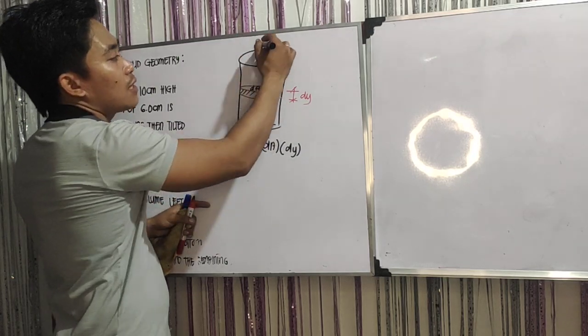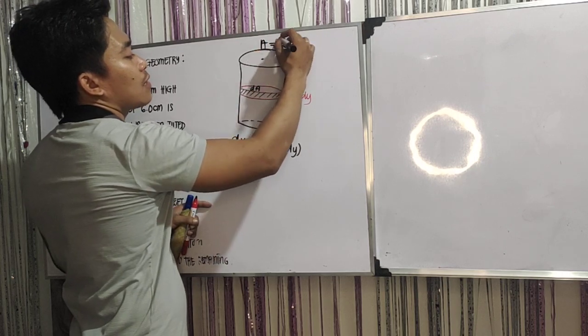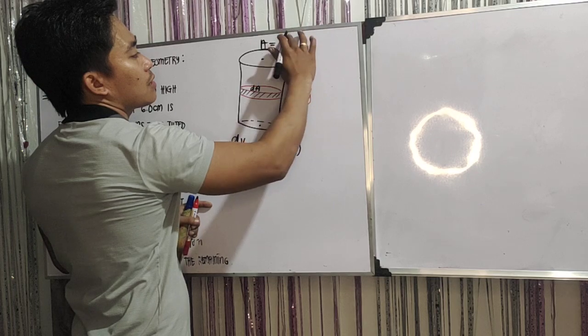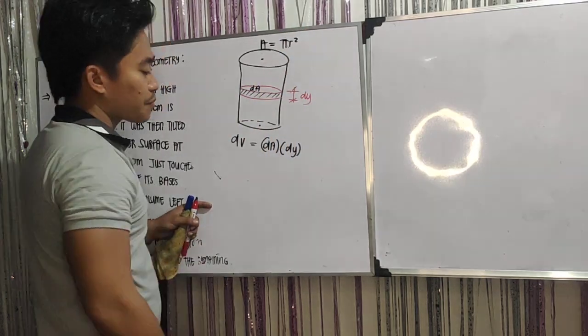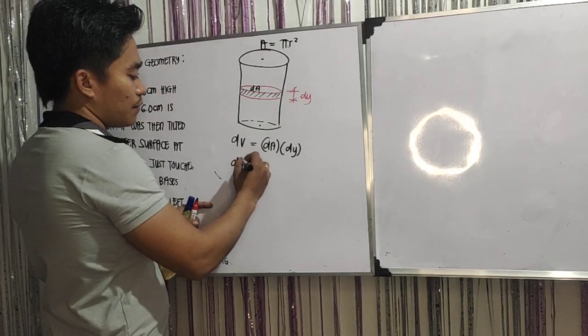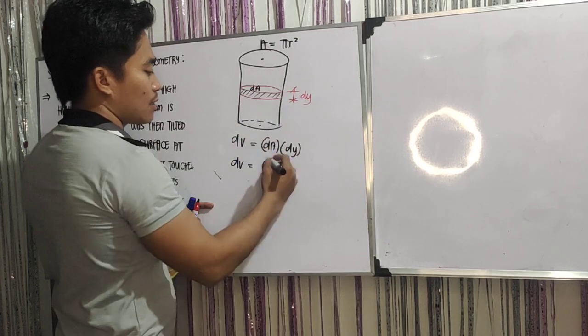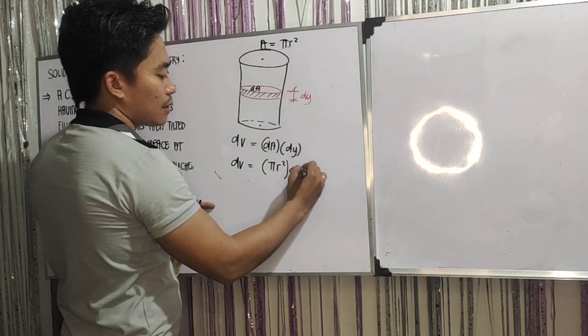So, kumbaga, your area is simply the area of the circle, which is pi r squared. Now, dV is just the area of the circle, pi r squared, times dy.